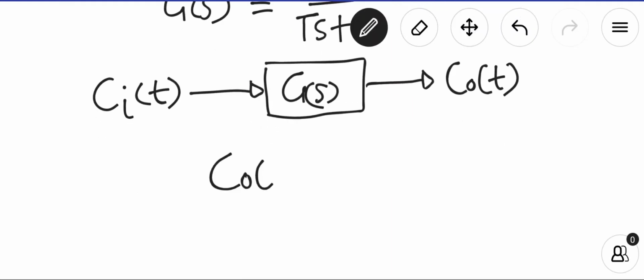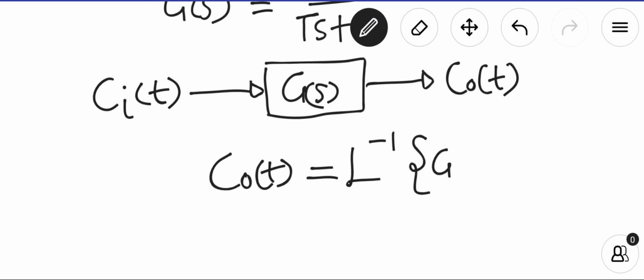c0(t) is equal to the inverse Laplace transform of G(s) Ci(s).